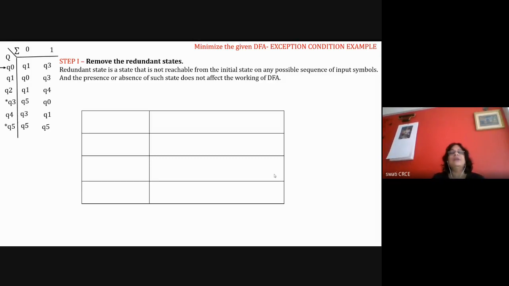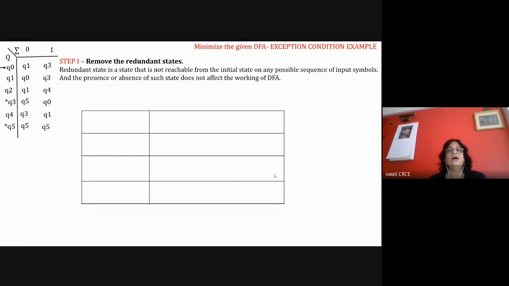So we are now learning some new concept. Now pay your attention properly. This is an exception condition example. When you are solving any minimization technique problem in the exam, if such kind of condition is there, you need to take care, which is there in this particular problem.